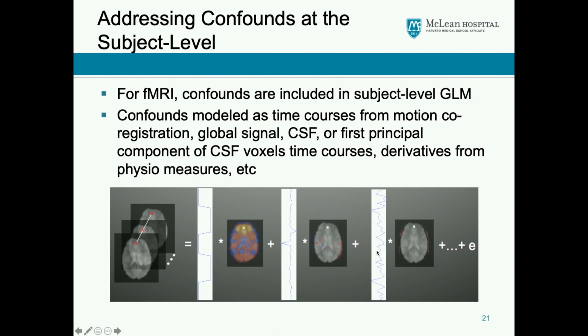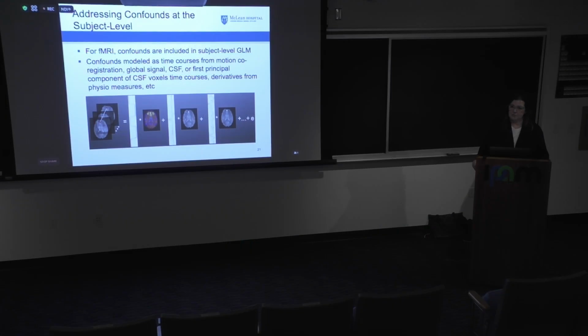In this case, it's fairly common to include motion time courses from re-registering those images when the subjects have moved. But you can also include global signals, CSF signals, and other derivatives from physiological measures and so on.